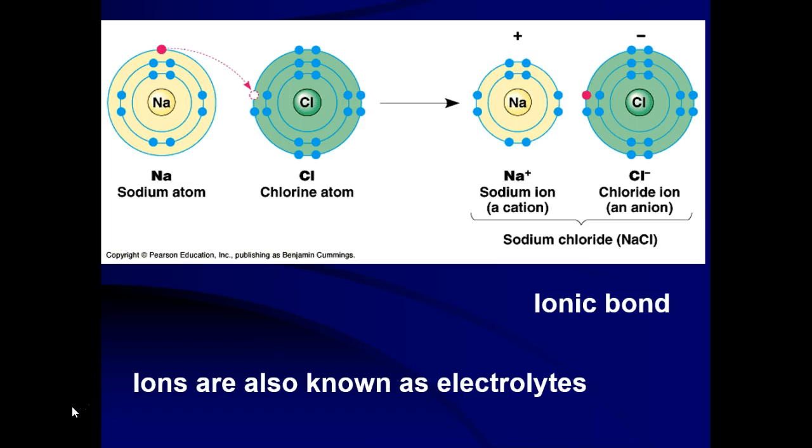That is a pretty tall order. So it does something really brilliant. It gives up an electron. By giving up an electron, you'll notice that all of a sudden its valence shell, which is the one below it, is now filled. It has 8. So it has fulfilled the octet rule by giving up an electron.